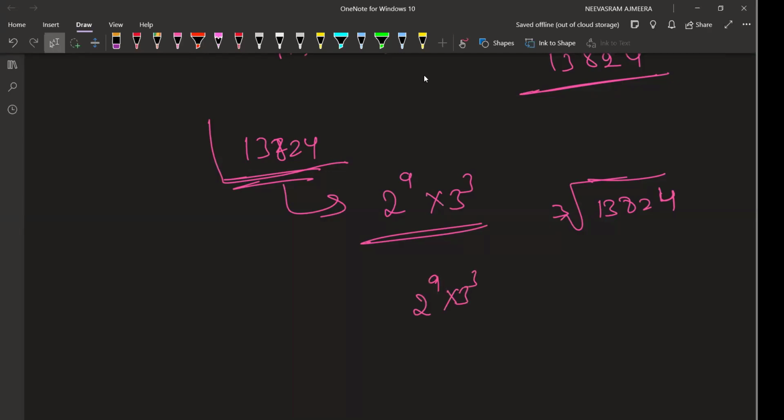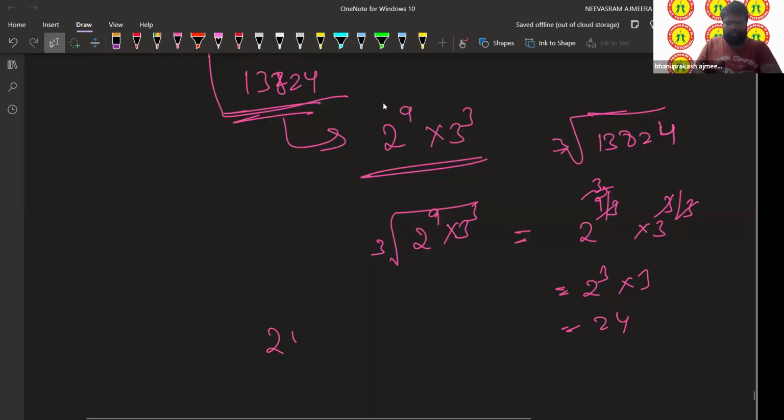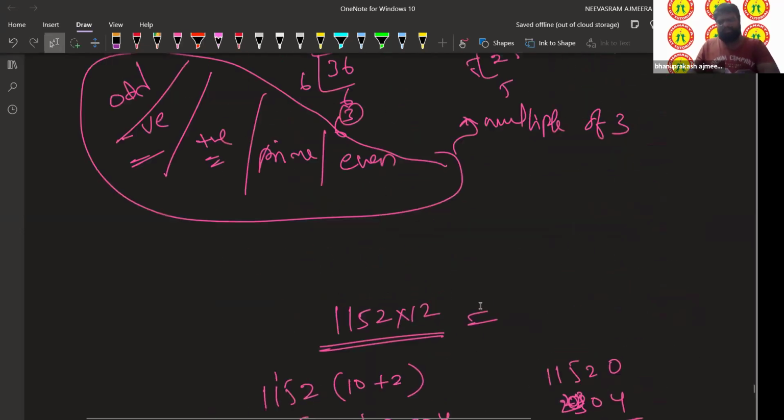So the cube root of 2 power 9 into 3 cube will be equal to 2 power 9 by 3 into 3 cube by 3, that is 2 cube into 3. So 24 is the answer. So 24 cube is nothing but 13824.